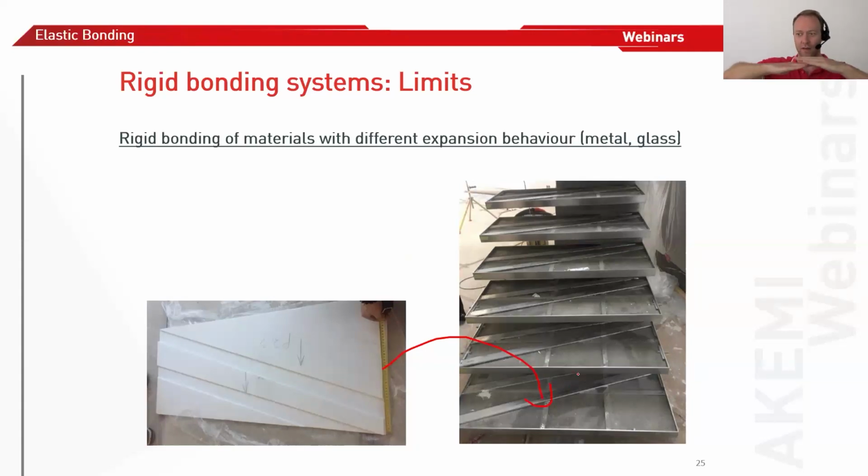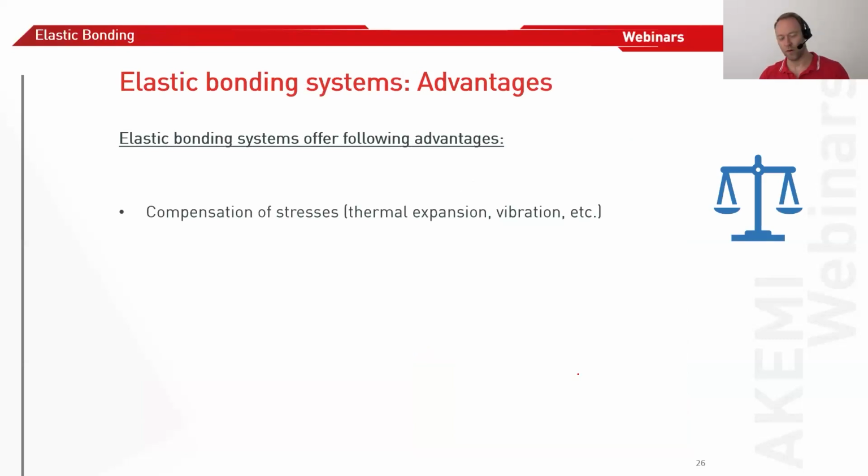One is the movement, because if a 90, 100 kilo man is running up the stairs, you will have movements in the complete system, and therefore you need some elastic bonding, and also if there are temperature changes, there will be some expansions. So now finally, we come to the elastic bonding systems and the advantages, which are pretty much the disadvantages or the limits of the rigid systems.